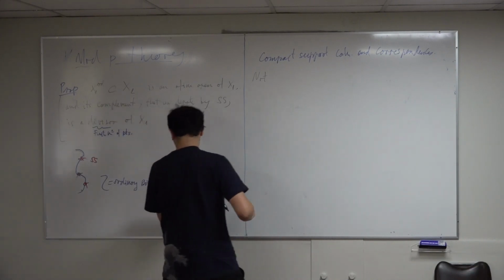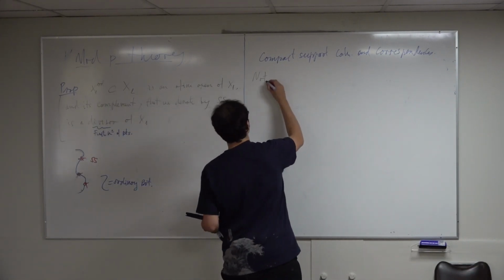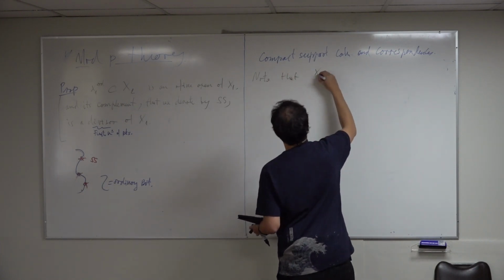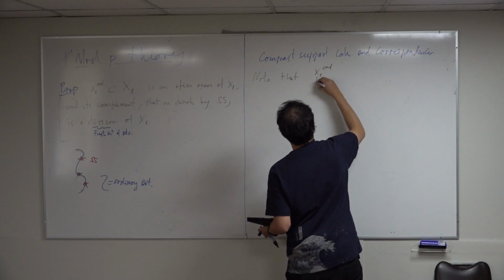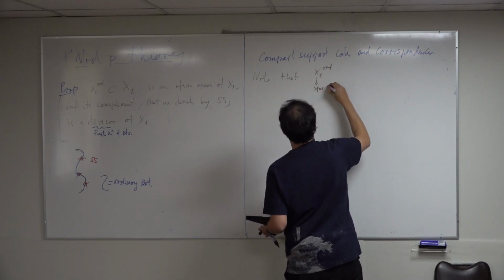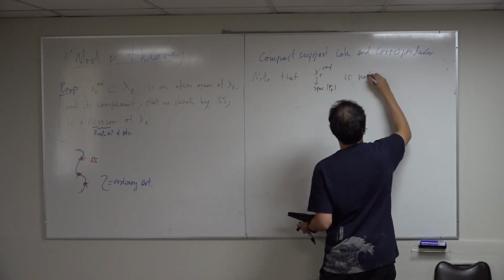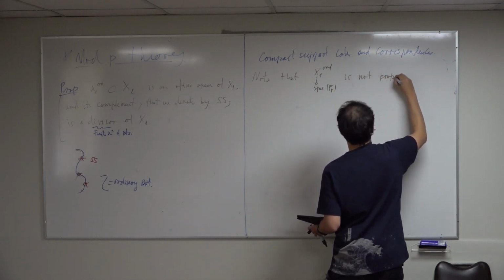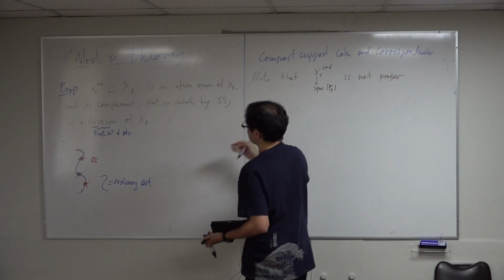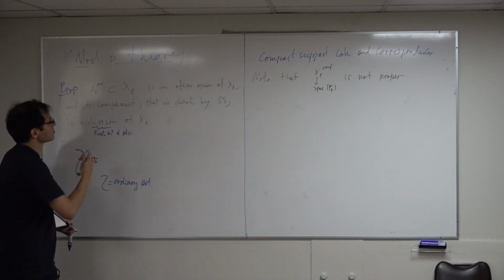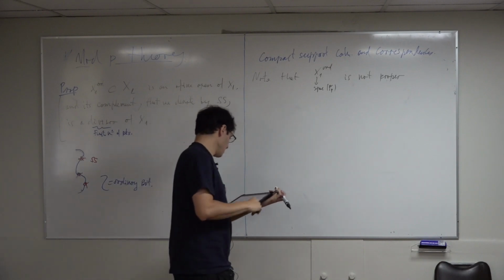six operations. Note that X1 ord over F_p, if you want, is not proper. This is something about compactness. It's affine, so it cannot be proper if it's not a point.